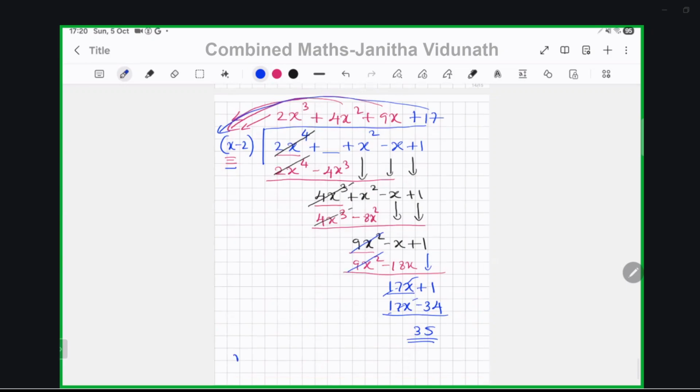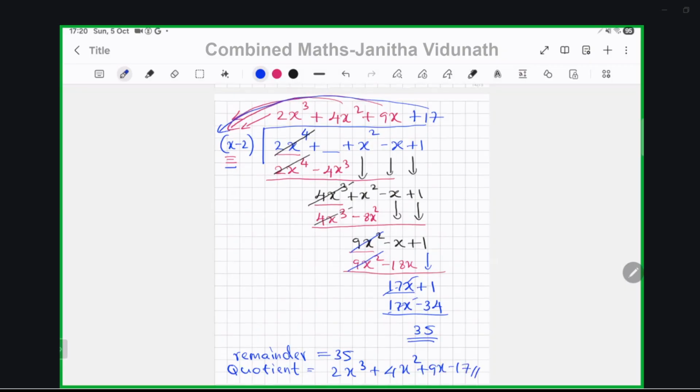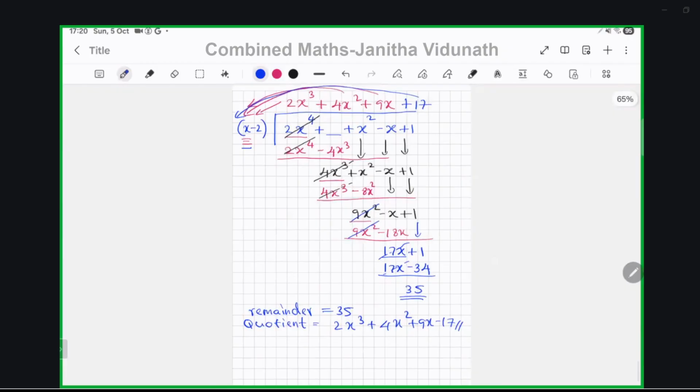Then the remainder is 35. Quotient is 2x cube plus 4x square plus 9x plus 17. Okay. Write down the answer if you were unable to solve it correctly.